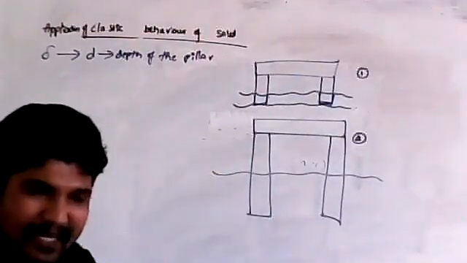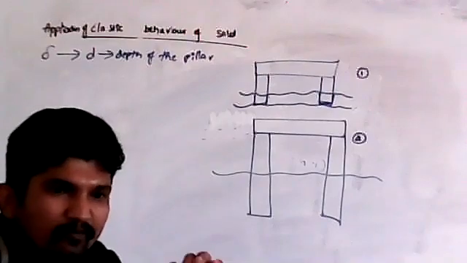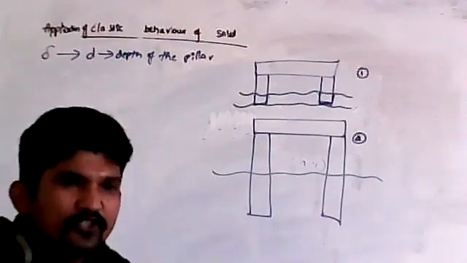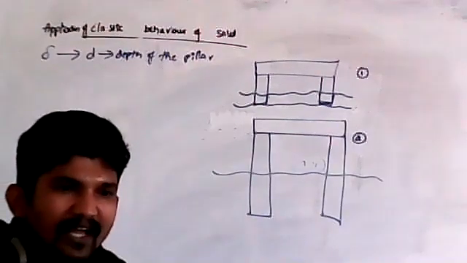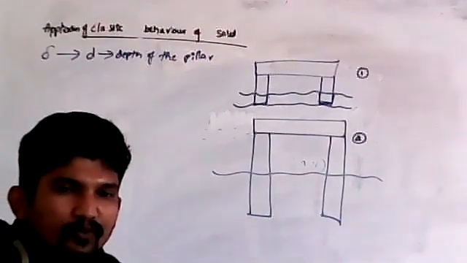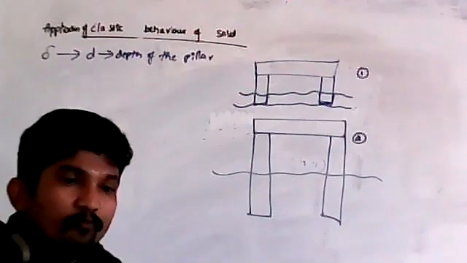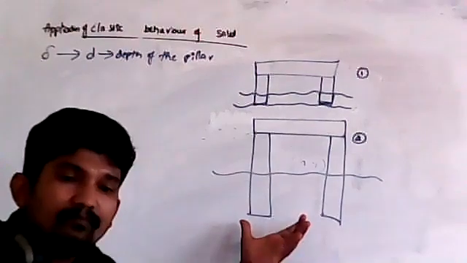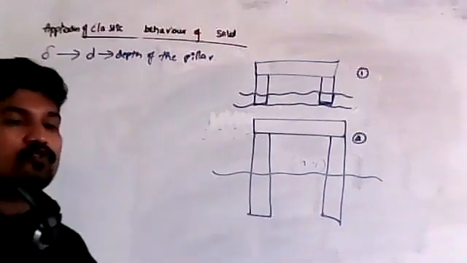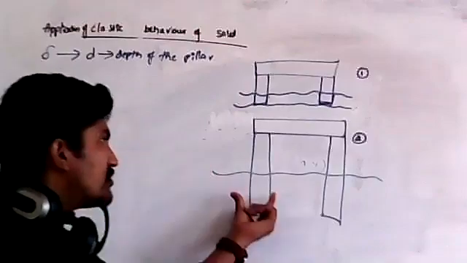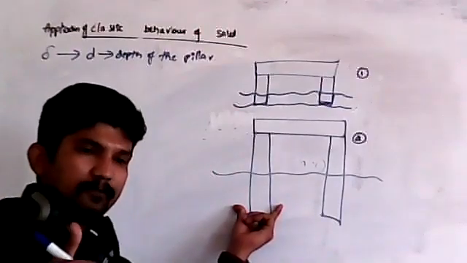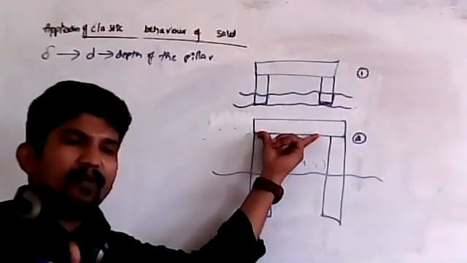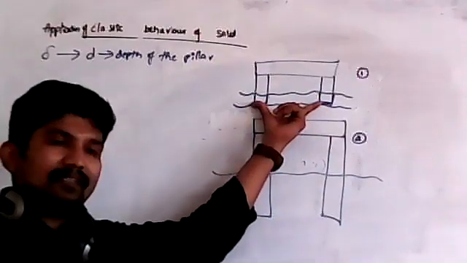In which figure will the depression be more? Which one can we use for a long time? The second one. Why? Because it gives you more strength and more support for the bridge, while the other gives less support.